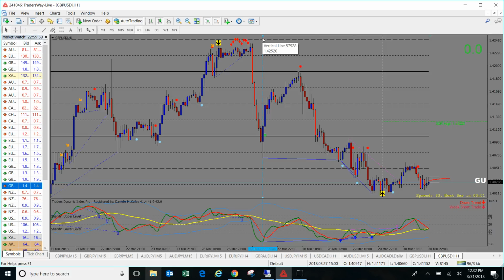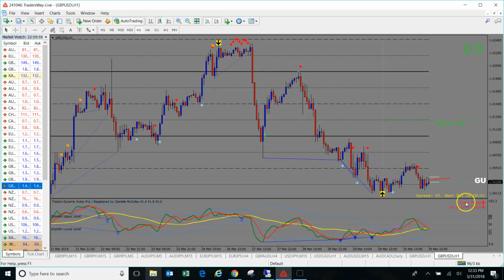People counter trend trade all the time. You just have to make sure that you know what you're doing. But as far as current price action and giving you a clear picture of what it's doing, I think the TDI is the best indicator out there for that. And like I said, with the TDI Pro, you get all the bells and whistles.